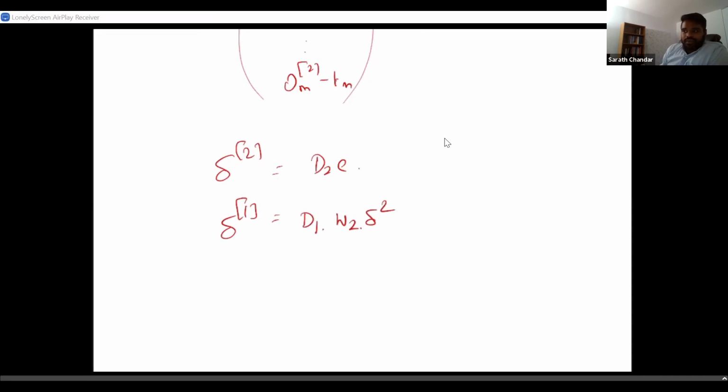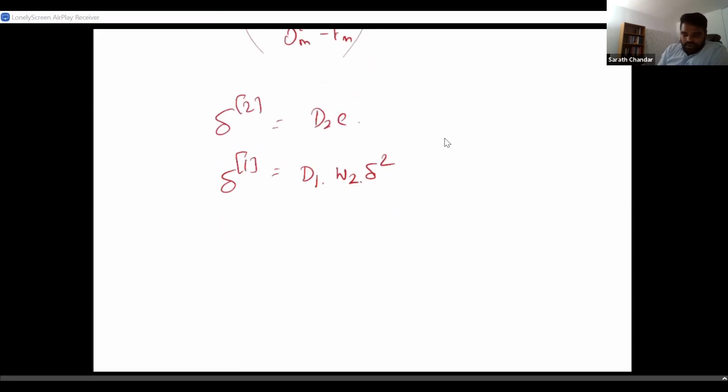So now the gradient with respect to W2 is given by minus gamma times del2 times the O1 vector.